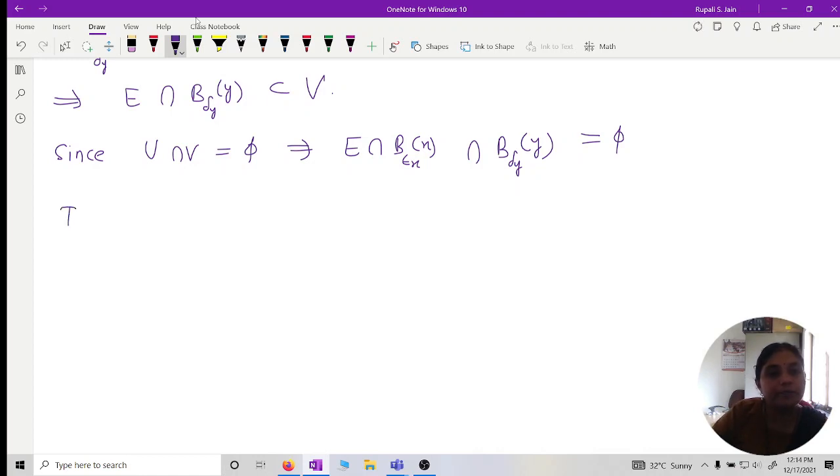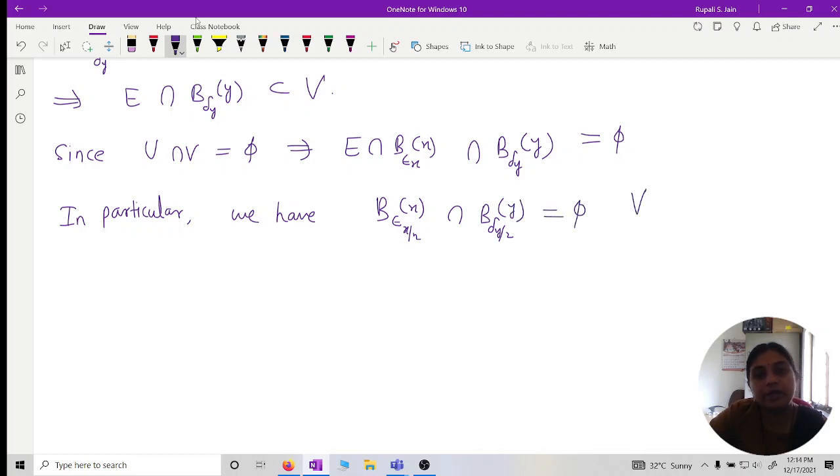In particular, we have B epsilon x by 2 intersection B delta y by 2 of y is also empty for every x in U and for every y in V, right? Now I am taking half of the radii epsilon and delta, so their intersection must also be empty.